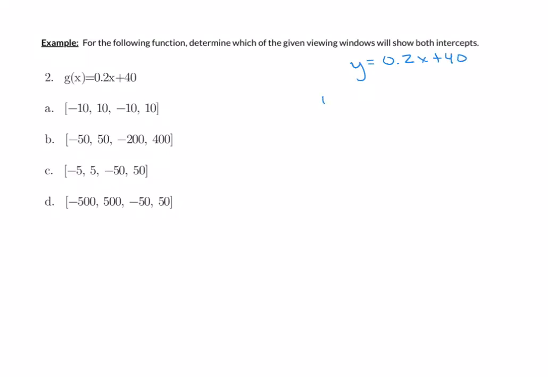So if we start with our y-intercept, again, we don't have to do any work for this. It's going to be our second number, so it's going to be 0, 40. Our x-intercept, we do need to do some work for that, so I'm going to replace y with 0. And I'm going to solve for x. So I'm going to start by subtracting 40.